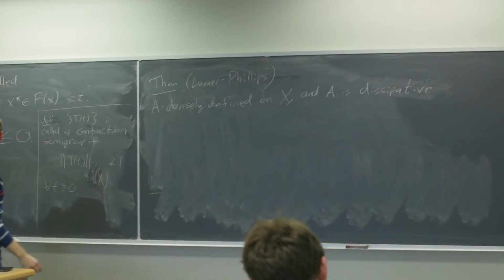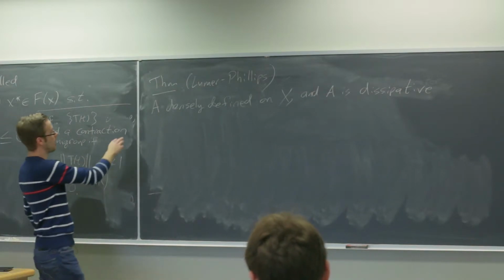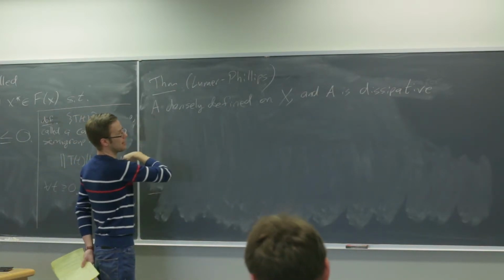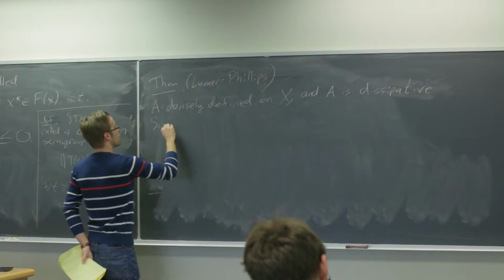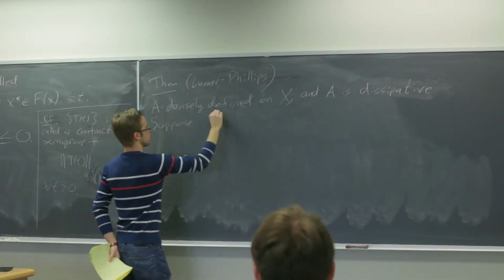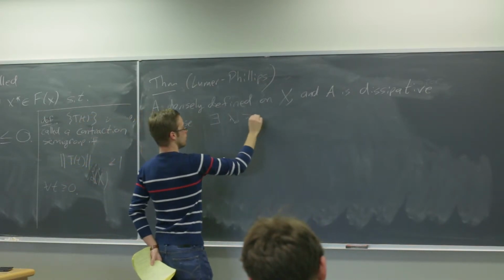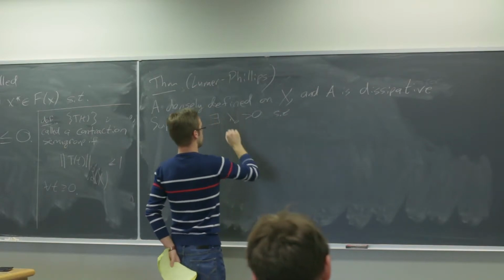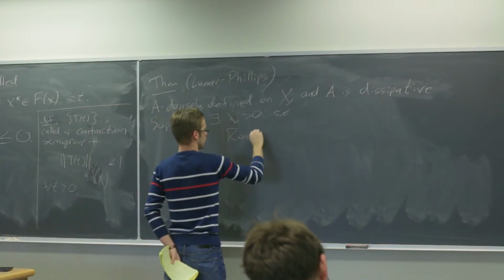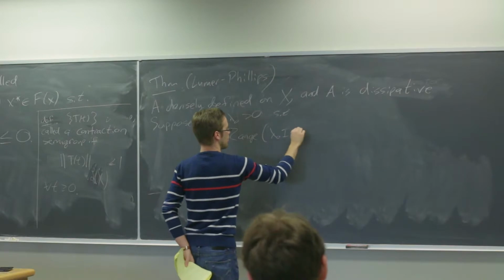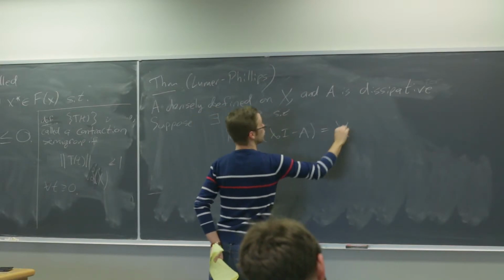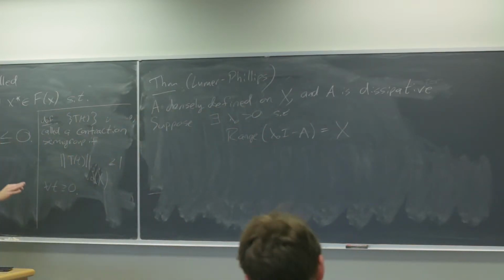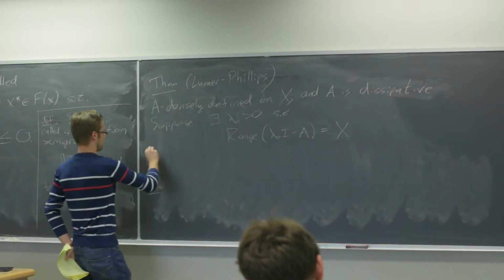We're going to see why I introduced this weird notion of dissipative in a second. So suppose the domain of my operator is dense and I have a dissipative operator. Suppose also I can find a number, let me call it lambda 0, a positive number, such that the range of lambda 0 identity minus A is actually equal to X. Suppose I have all these conditions, then what can I conclude?